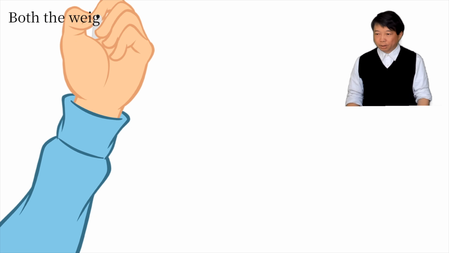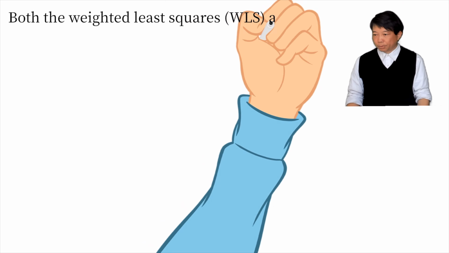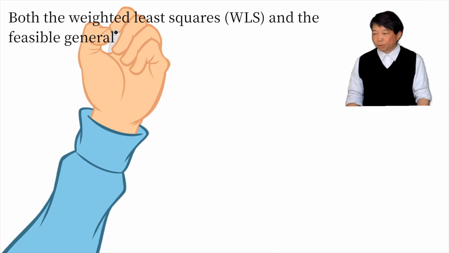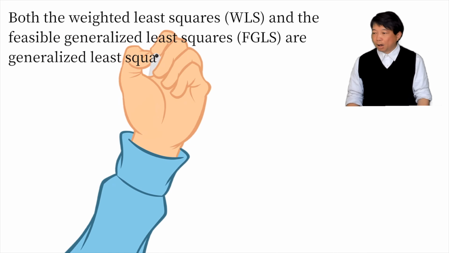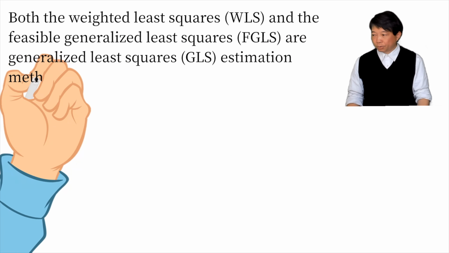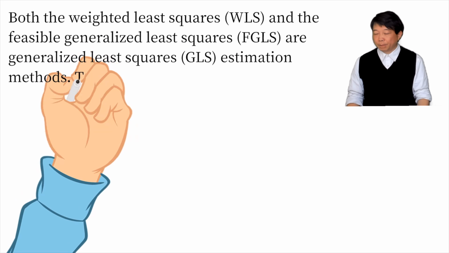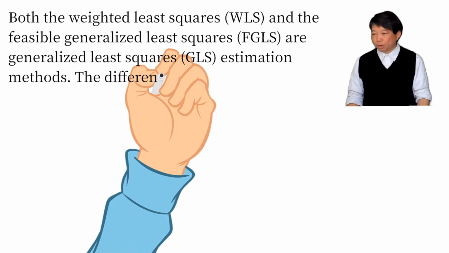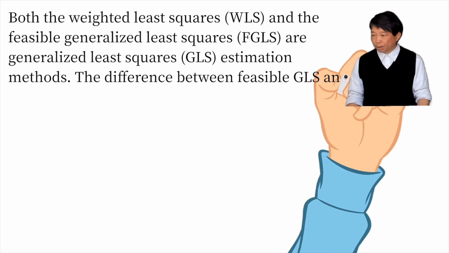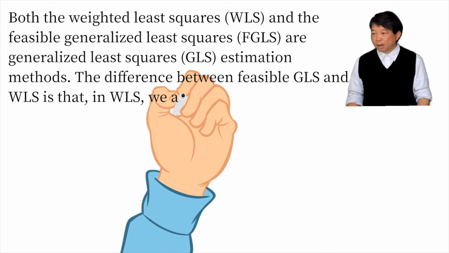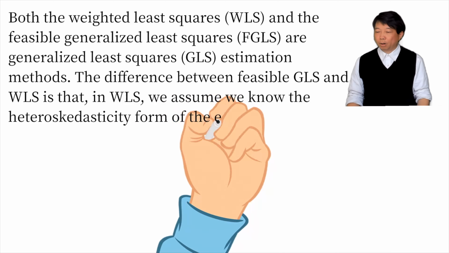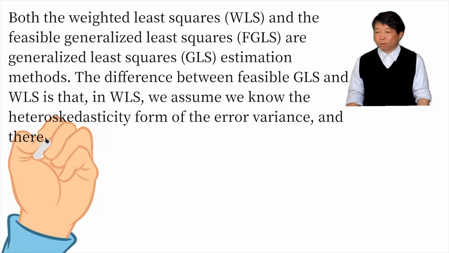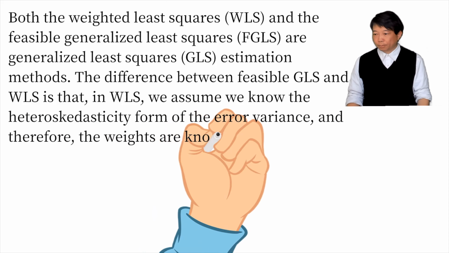Both the weighted least squares, WLS, and the feasible generalized least squares, FGLS, are generalized least squares, GLS, estimation methods. The difference between feasible GLS and WLS is that in WLS, we assume we know the heteroskedasticity form of the error variance, and therefore the weights are known.